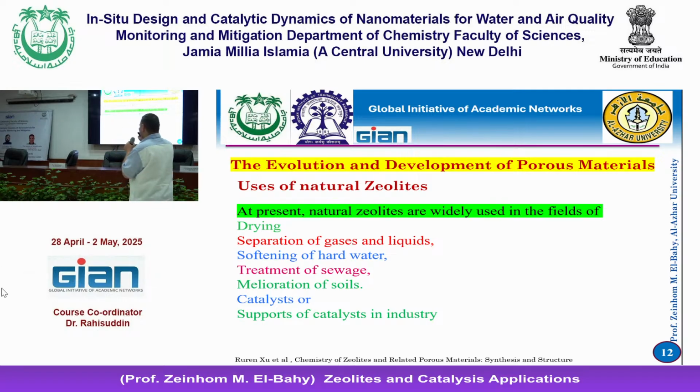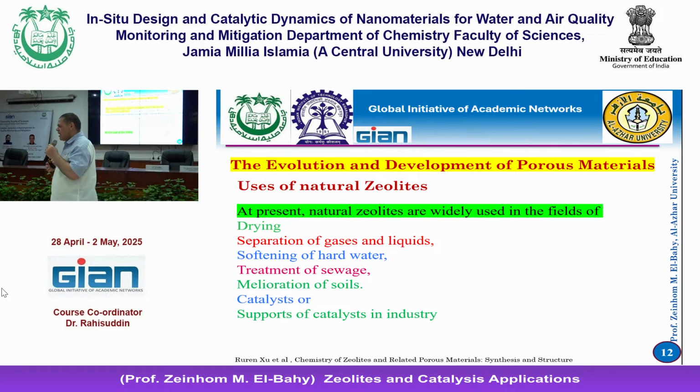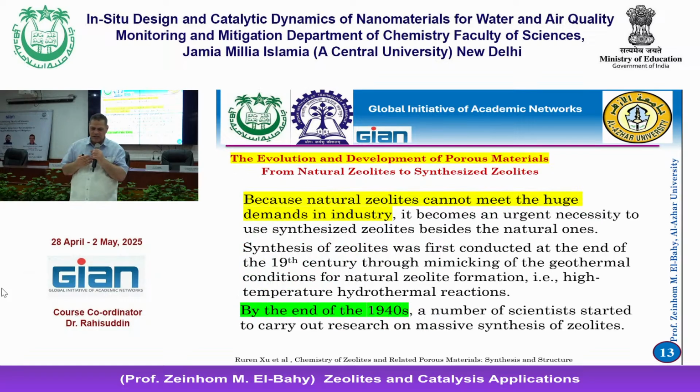These are the purposes of using these materials, and it also has other uses as we will mention later, inshallah. Because natural zeolites can't meet the huge demand in industry, they tried to prepare other amounts of zeolites, synthesized zeolitic materials.